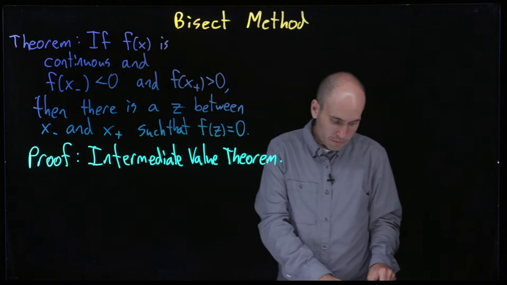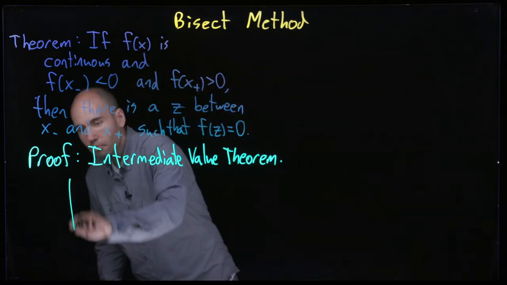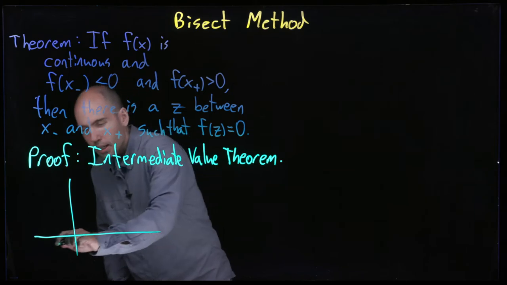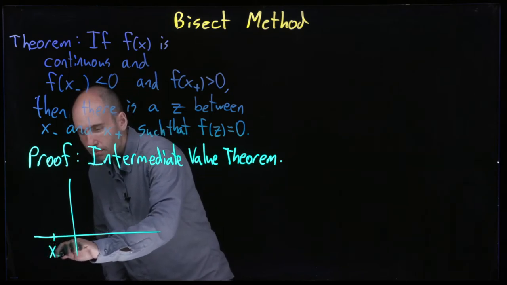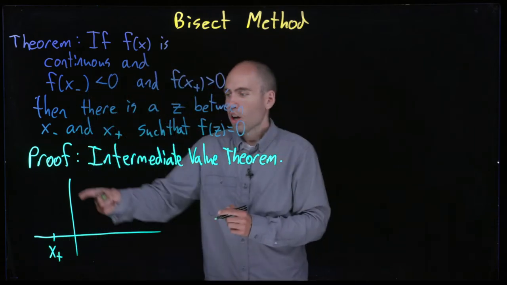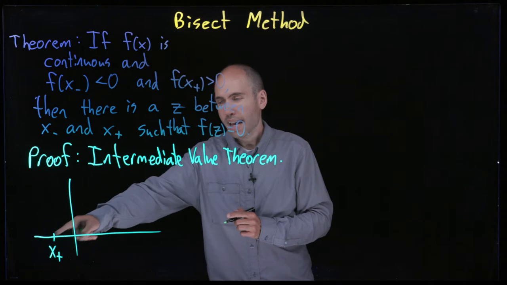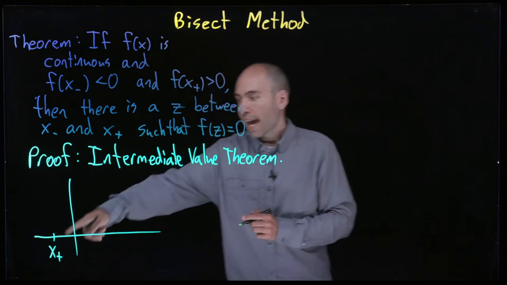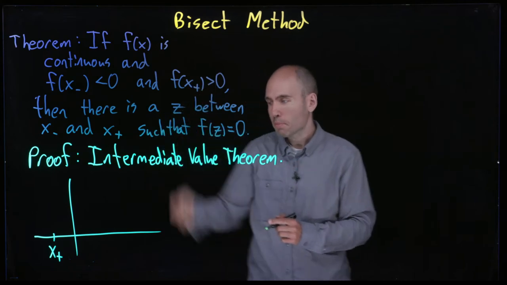And what's the visual proof of this? So say here is my x positive. And you might think, oh, I'm screwing up because I put x positive on as a negative number. But x positive means that the output is supposed to be positive.